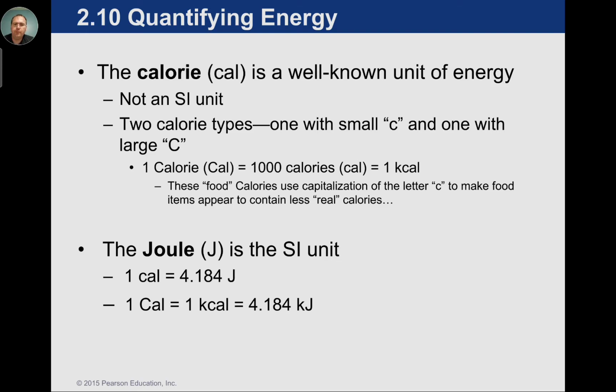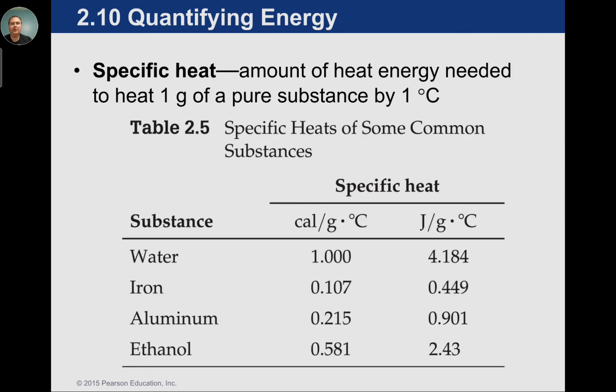Calorie is one of the most well-known units for energy, and it's related to joules in the SI system. You can convert calories to joules based on the 4.184 conversion at the bottom. So, speaking of energy, if you want to be able to calculate energy of, say, food items, you're going to have to know how much heat they can transfer.